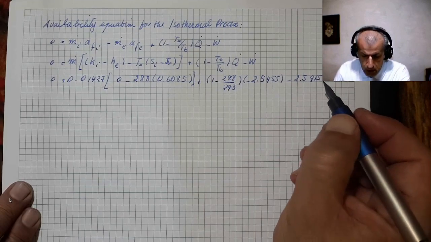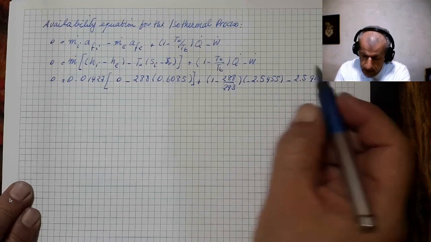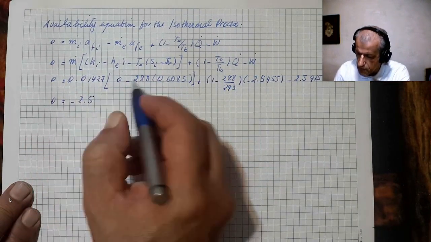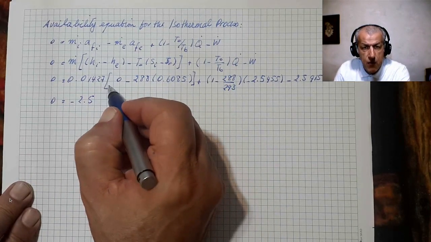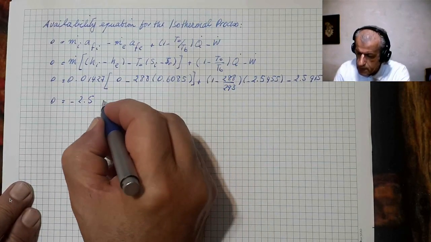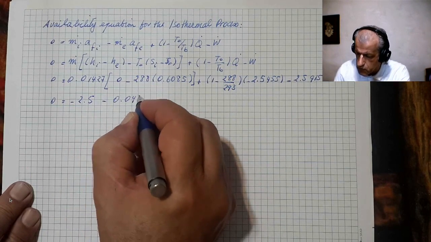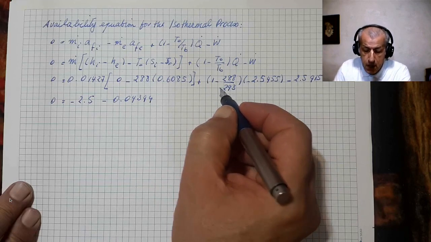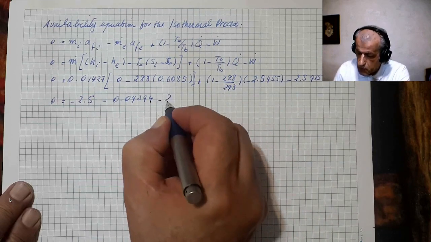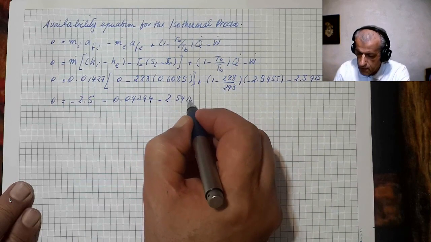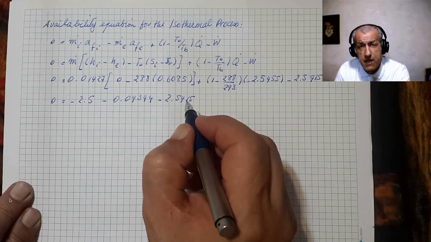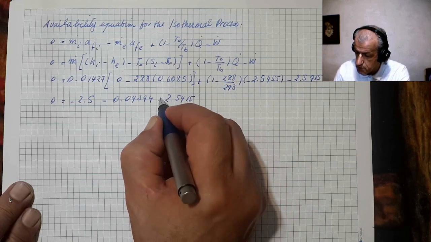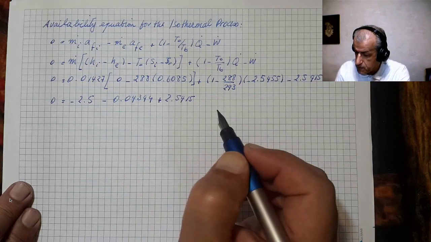Okay, now I've calculated individual terms, which is 0 equals minus 2.5, which is the change of flow availability, minus 0.04344, which is the availability transfer rate, heat, minus 2.5415, which is the availability transfer rate, work. And this should be a positive sign here.